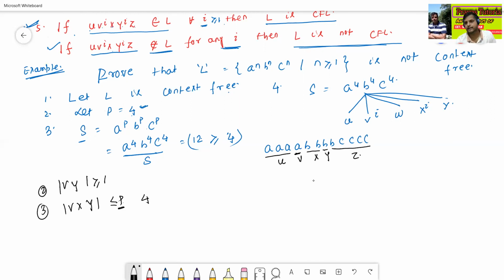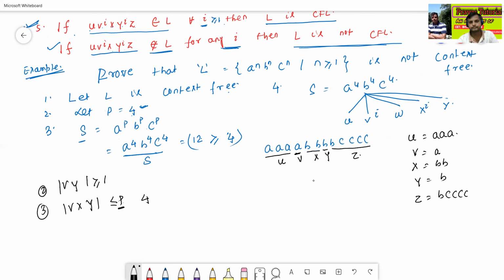We can write u equals AAA, v equals a single A, x equals BB, y equals a single B, and z equals B and 4 C's. Now we have divided the string into 5 parts, and we'll check for all i values.